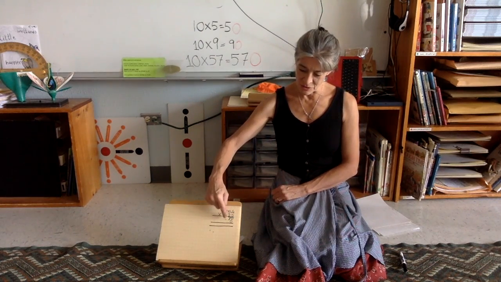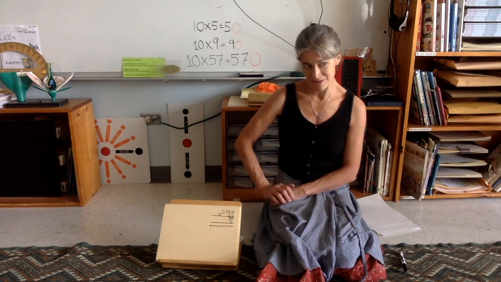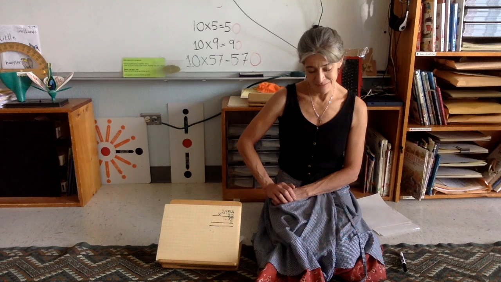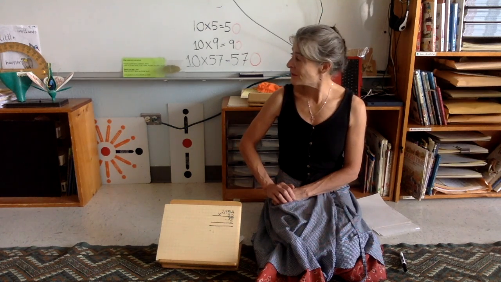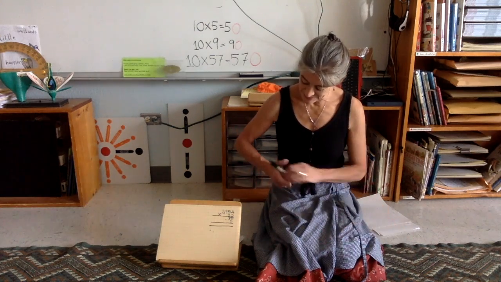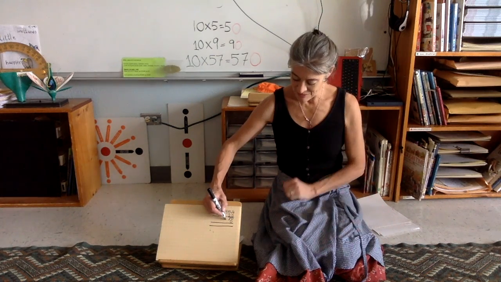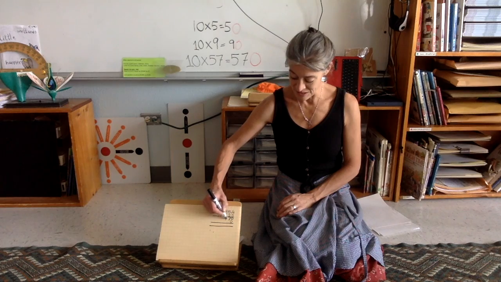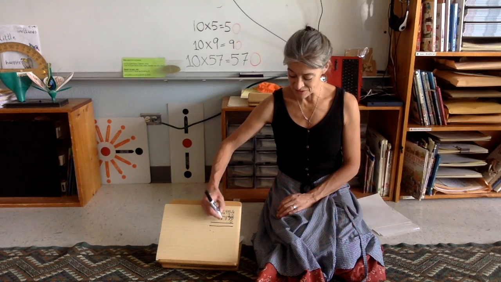We got to 45 plus 2. 47. Put the 7 in the box, and a little tiny 4.